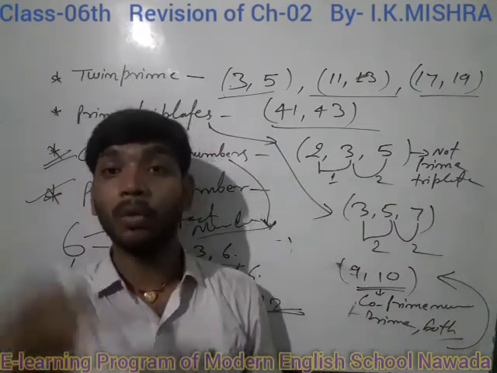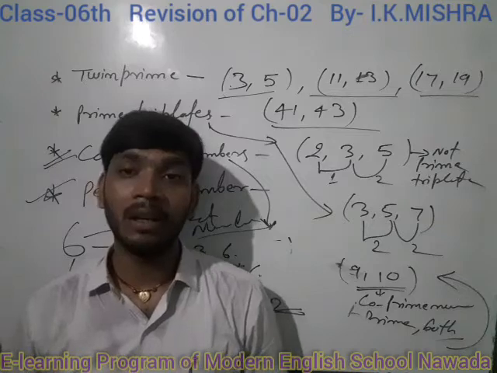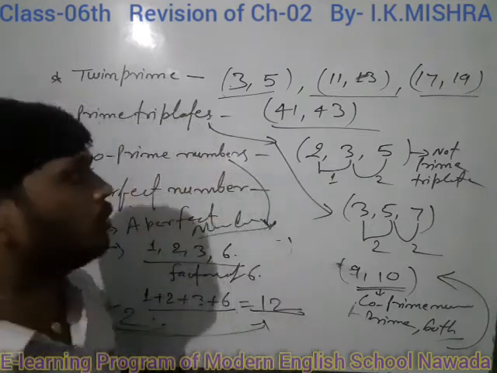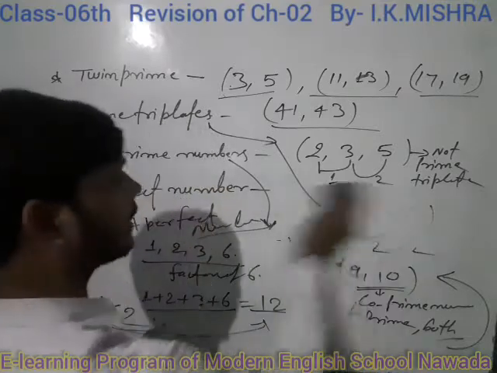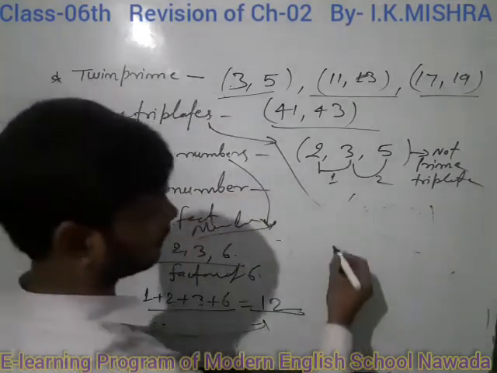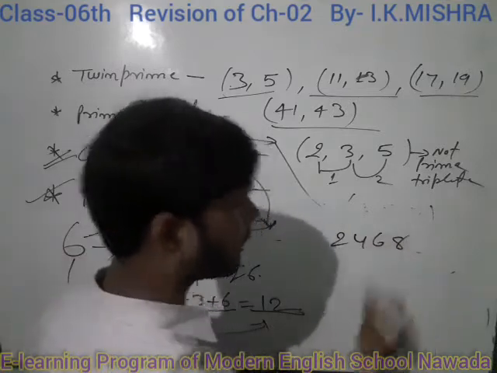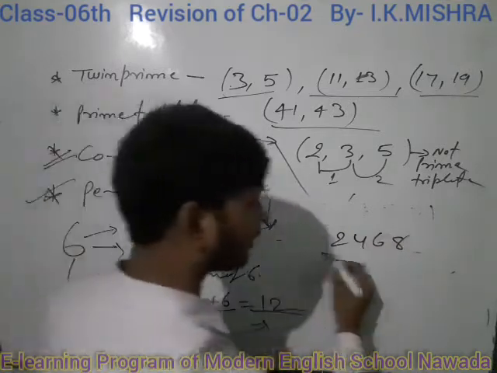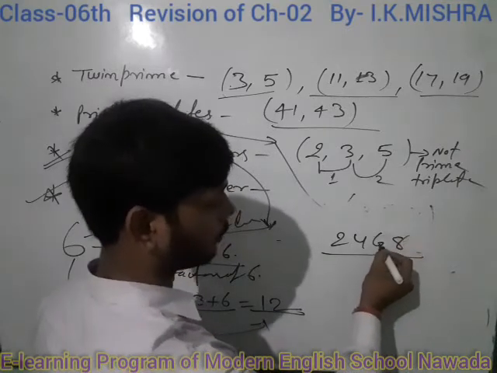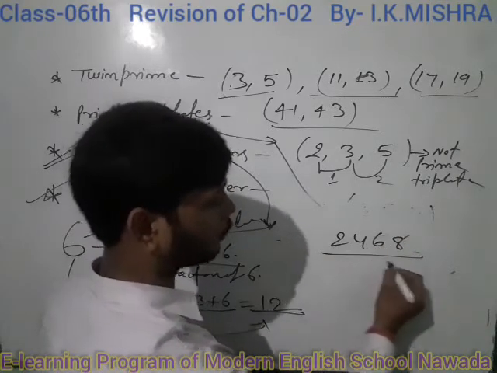For knowing the divisibility of 3, add the digits of the number. Here I write a number and you have to check the divisibility. Students, for checking the divisibility of 3, add the digits: 8, 6, 14, 4, 18, up to 20.